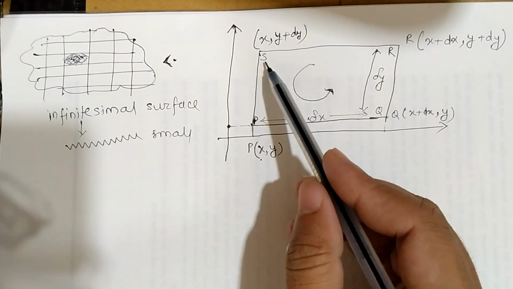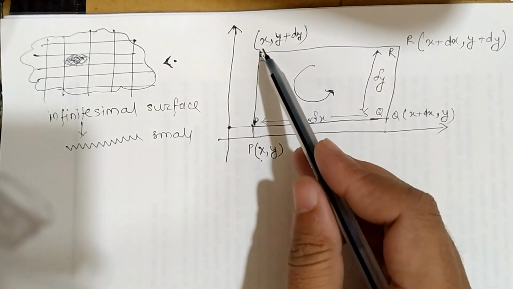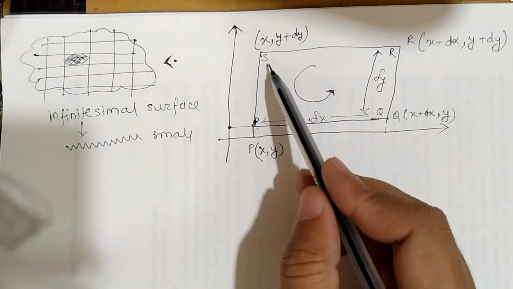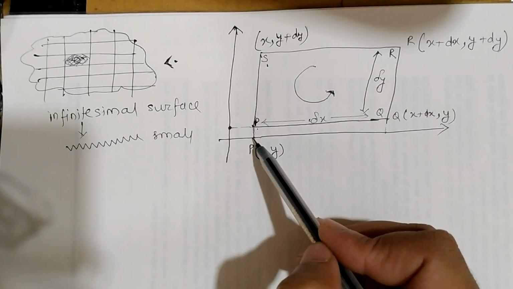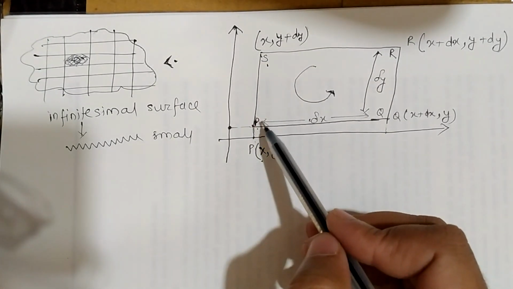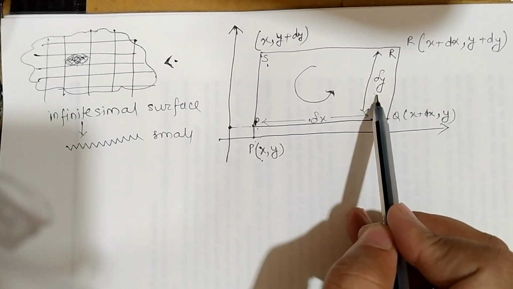If we try to find the coordinates of S, x will remain the same for the point P and point S, because they are located on the same line passing through the x coordinate. But the difference between S and P is a very small distance, delta y.